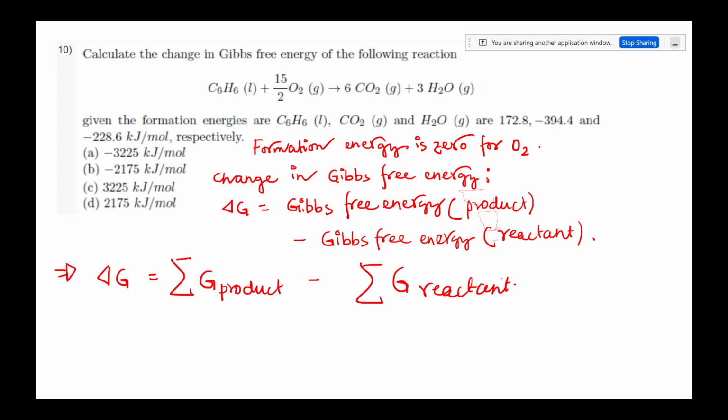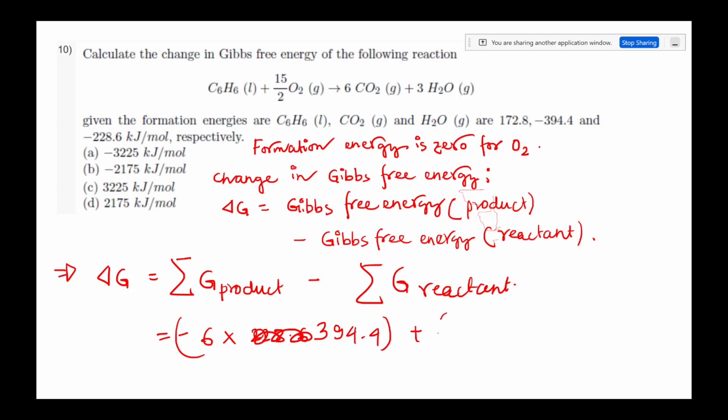So formation energy is given. For C6H6 it is 172.8. For CO2 there are 6 moles, so 6 times minus 394.4.